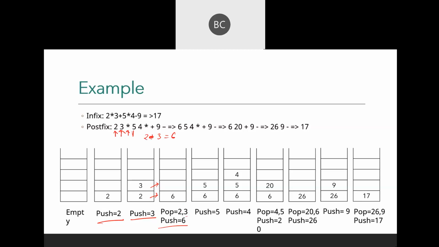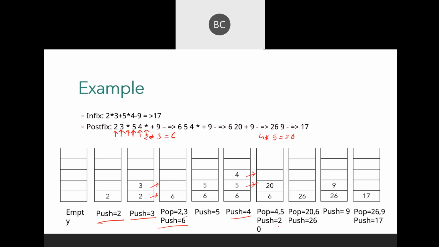Next is an operand again, so push 5 onto the stack. Next is an operand again, so push 4 here. Next again it's a multiplication sign. What will you do? Pop the top two, which is 4 into 5, and the answer is 20, so we push 20 here.